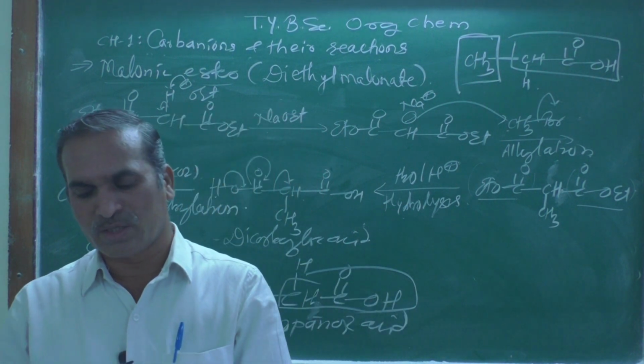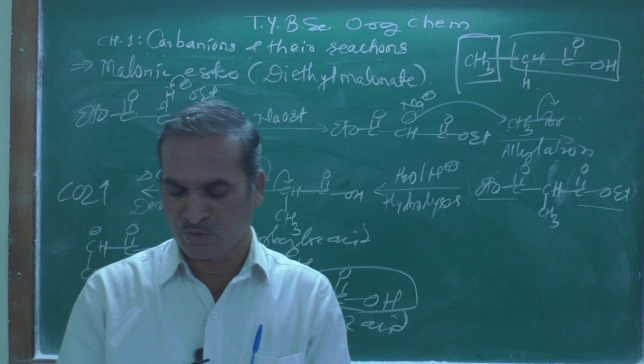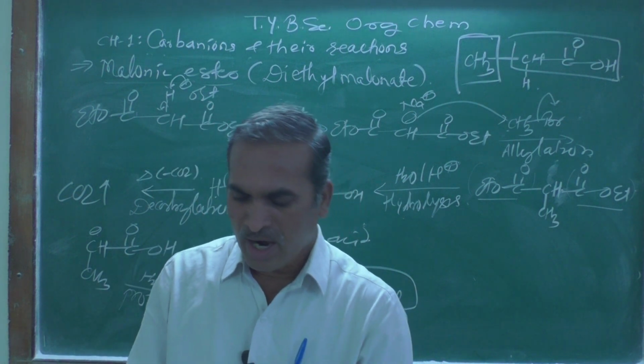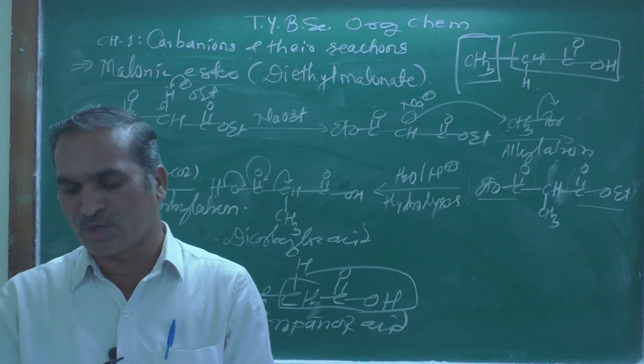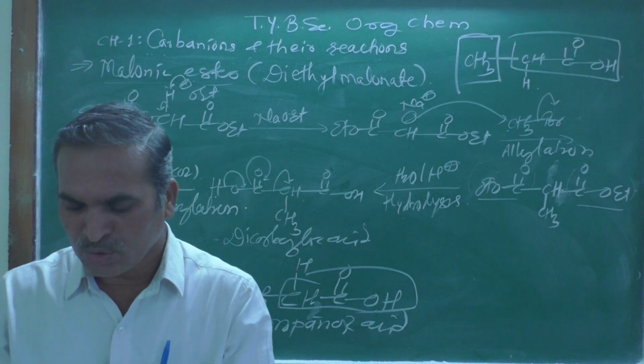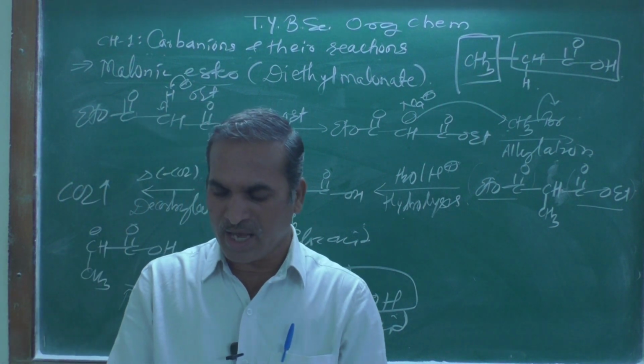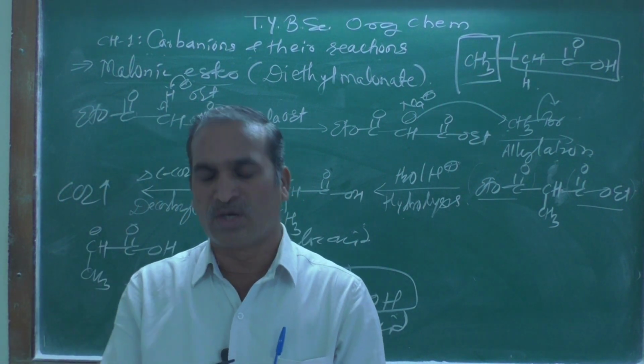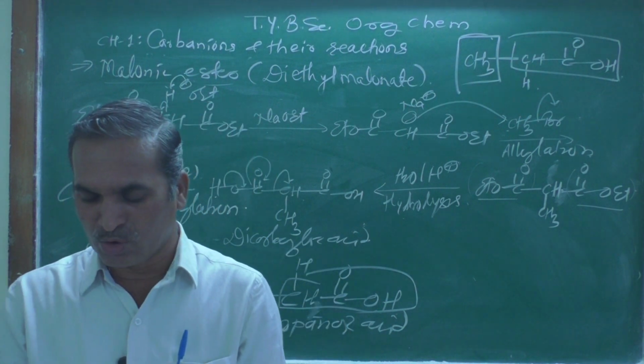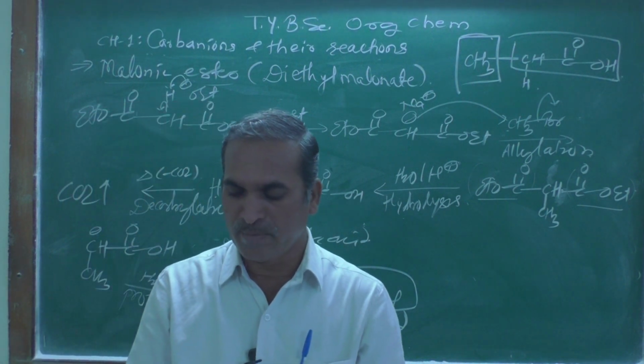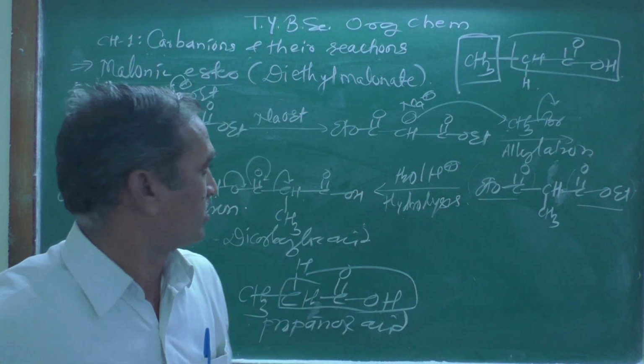And the second noticeable point over here is that in the hydrolysis step, the ester groups get hydrolyzed to give a dicarboxylic acid, which on heating loses one CO2 molecule and forms an alpha substituted acetic acid.